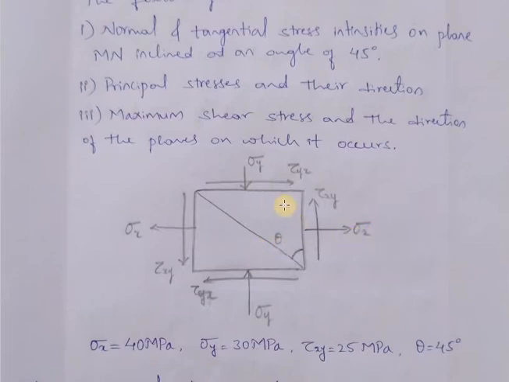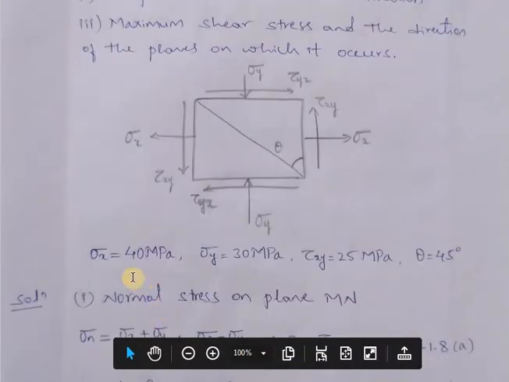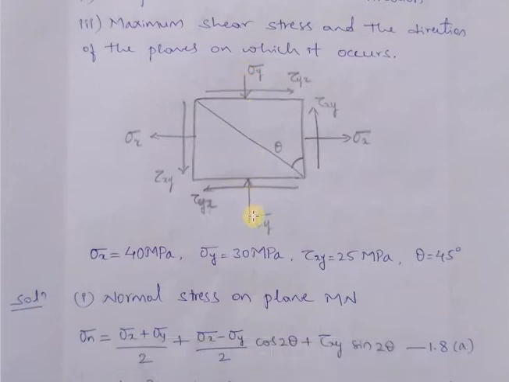So this is sigma x, which is acting in the tensile direction or the tensile mode. Sigma x value we have 40 megapascal, whereas sigma y you can see it is in the compressive direction.